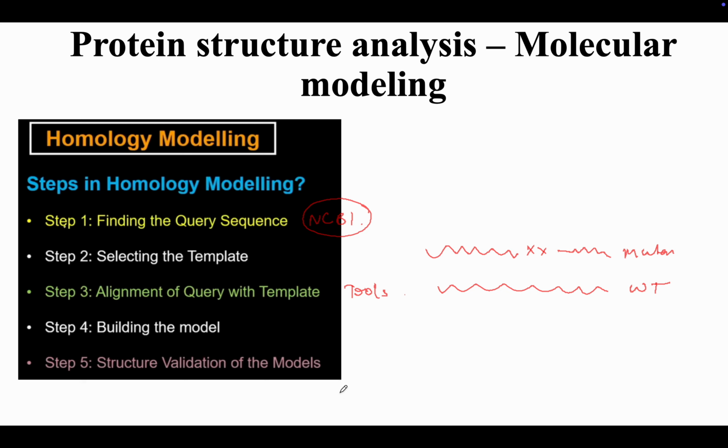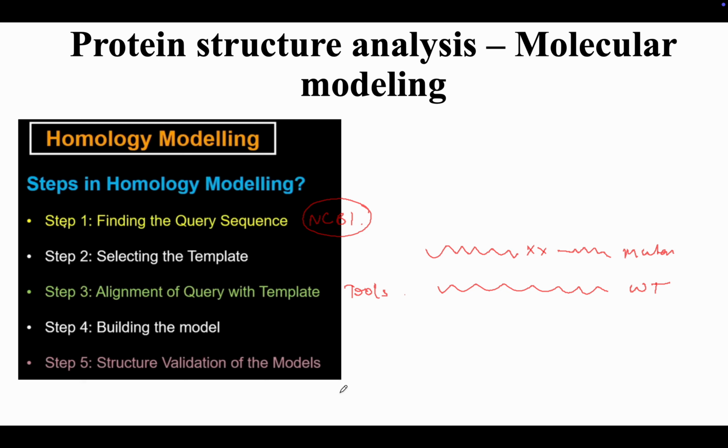The next question is: the amino acid that contains a thiol group is. Thiol group is nothing but SH group, and the SH group is only present in one amino acid, that is cysteine. This is the thiol group, which is present in cysteine.